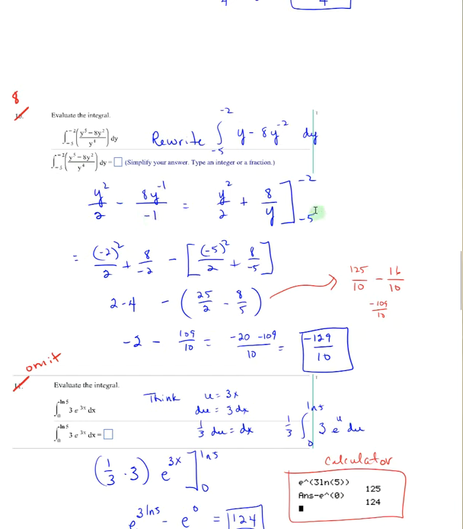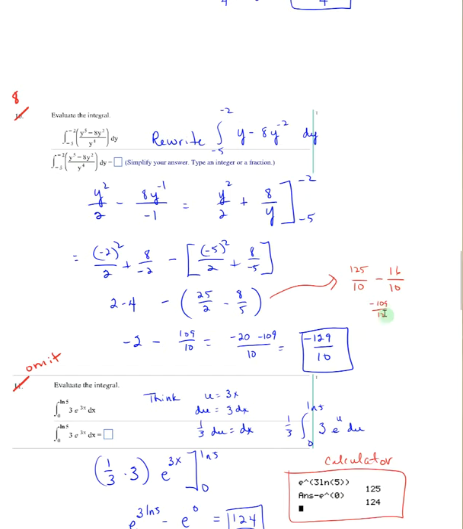From -5 to -2. We're plugging in -2 and we're plugging in -5. Here we get 2 minus 4. Here we've got 25 halves plus, that's a -8/5. And if we change this to common denominators of 10, we have 125 over 10 minus 16 over 10.